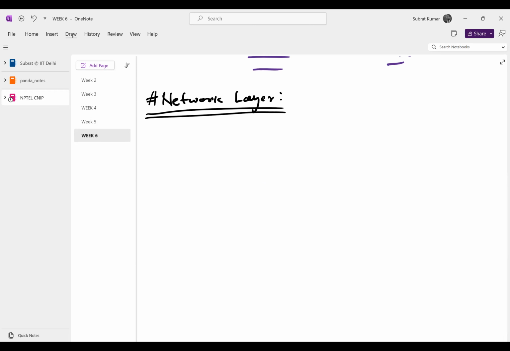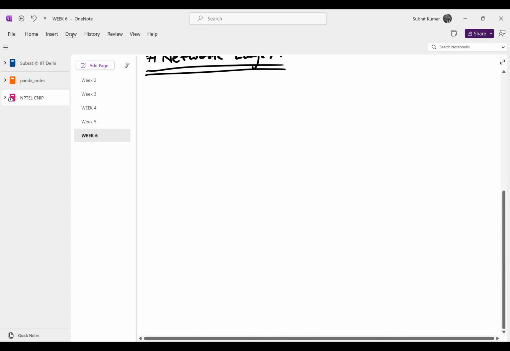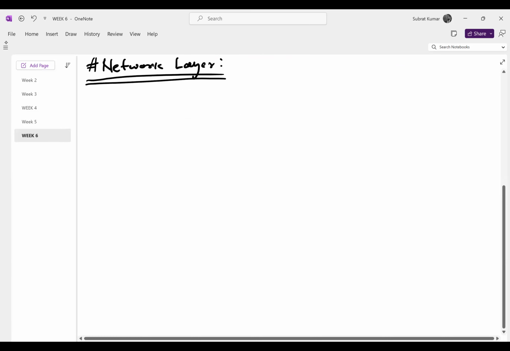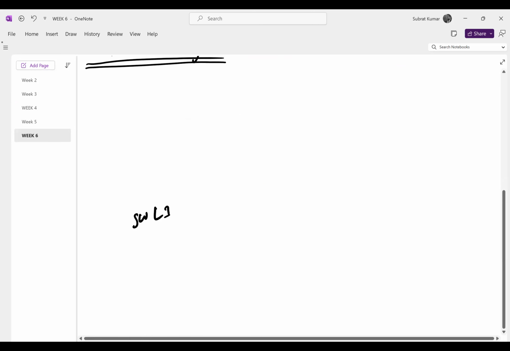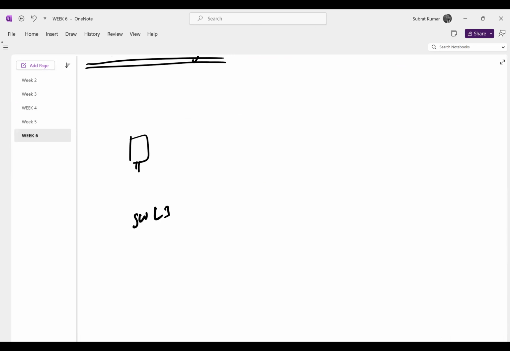So in the network layer, what it says is that the network always works in a hierarchical fashion. Let's say you have a lab, let's say software lab 1, and there are some machines like this, forming a network.